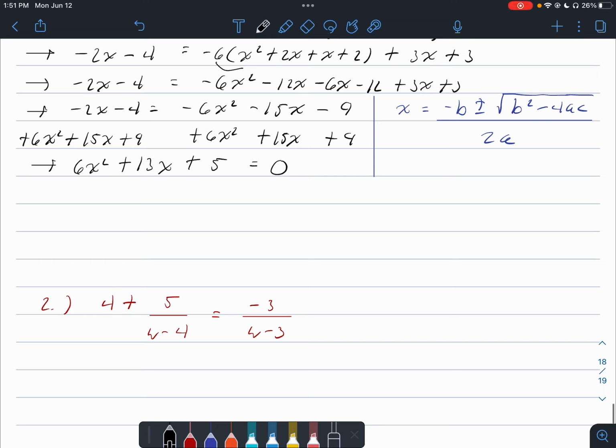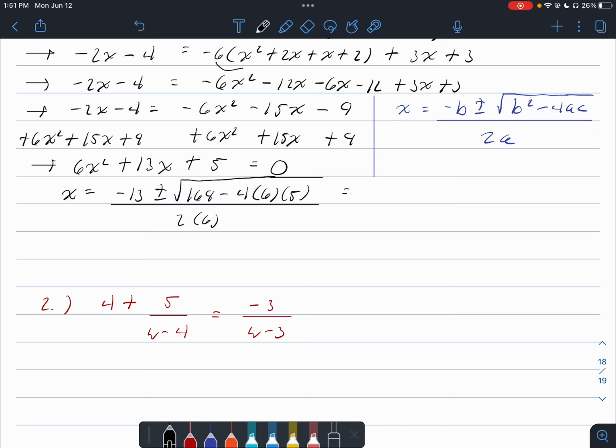All right, so here we're going to be given x is equal to negative b, so in this case it'll be negative 13 plus or minus the square root of b squared, so in this case 13 squared, which is 169, minus 4 times a is 6 times c is, which is 5. And this is all going to be over 2a, or 2 times 6.